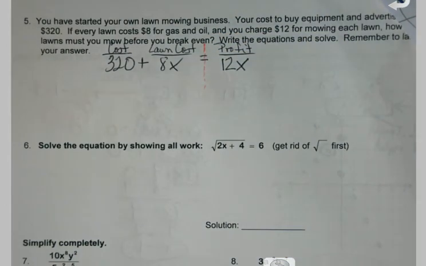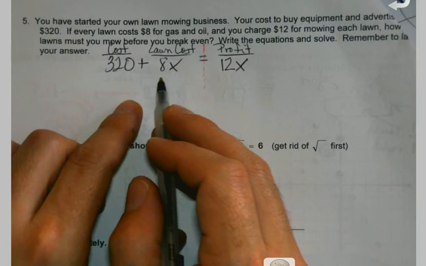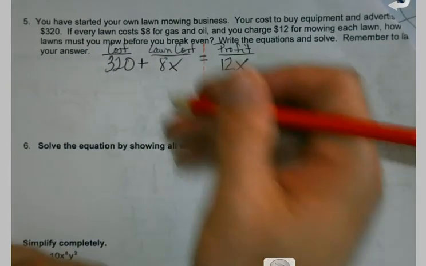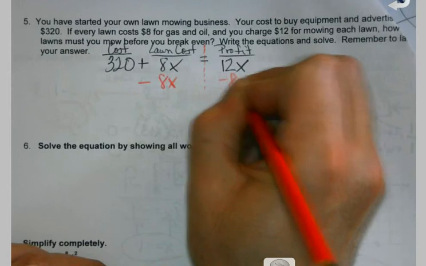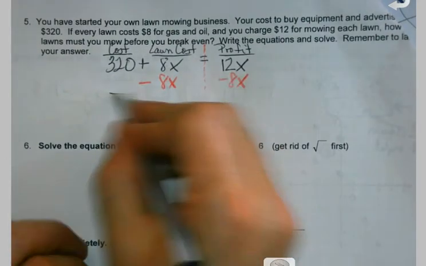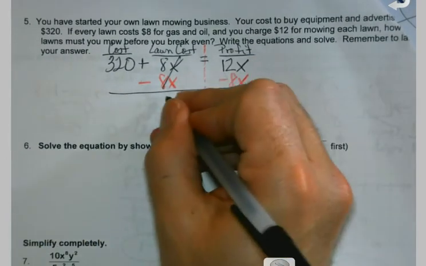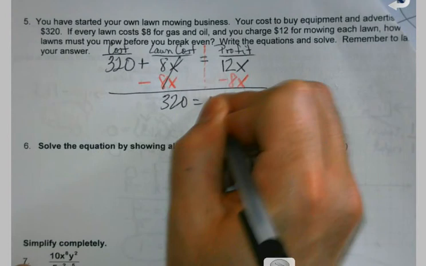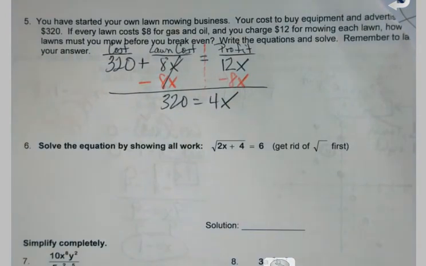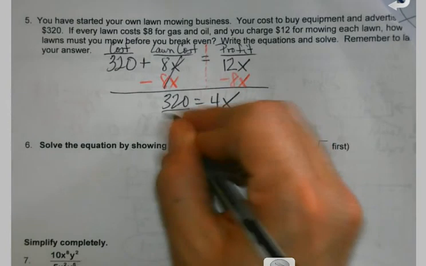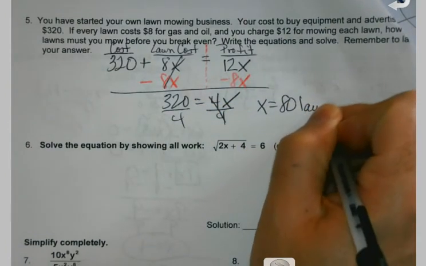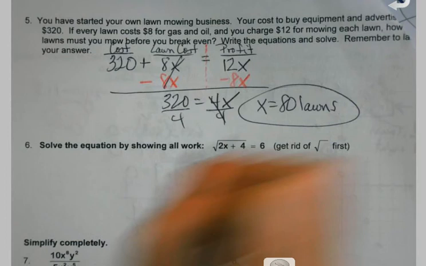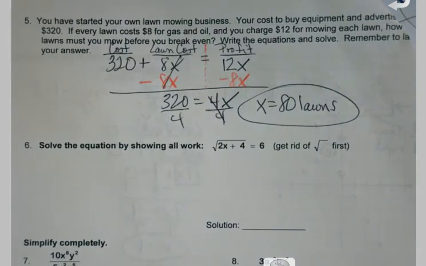No. So it would probably be in our best interest to minus the 8x over, because this side just has x's right now anyway. And what would my last step be? Divide by 4, and we find out I'm going to be mowing a whole lot of lawns before I break even. I need to charge more or find some cheaper gas.